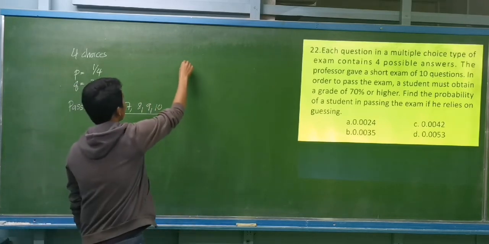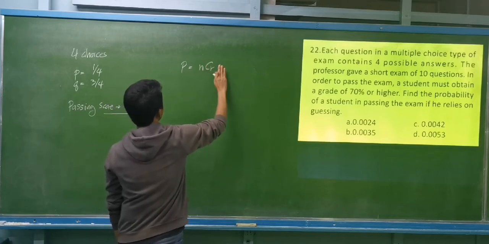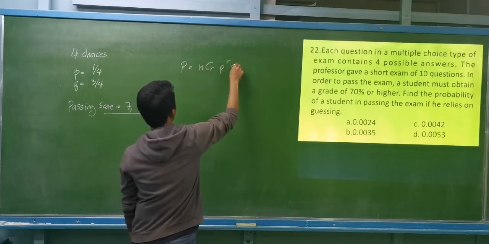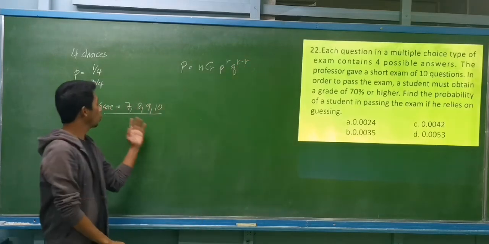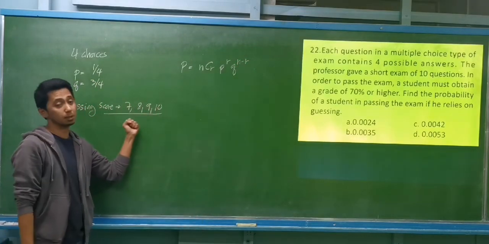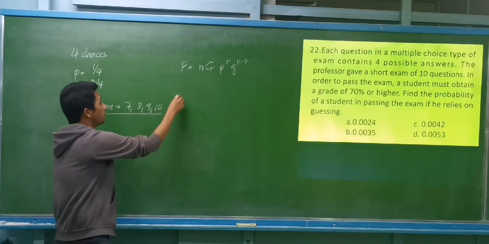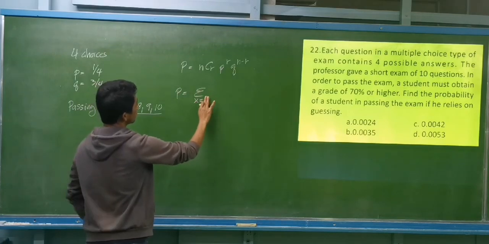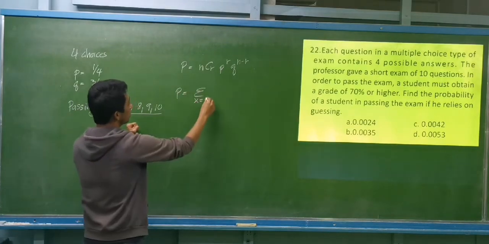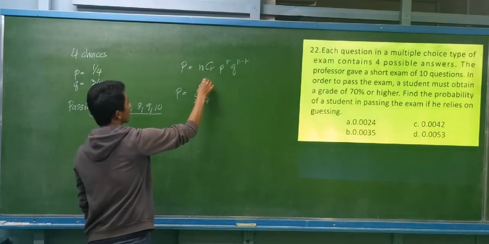So, gamitin ulit natin yung probability is equal to n combination r, p raised to r, q raised to n minus r. Kaya lang, kung marami ito, matrabaho. So, gamitan natin siya ng summation. By summation, the probability is the summation from x equal to 7 hanggang 10.